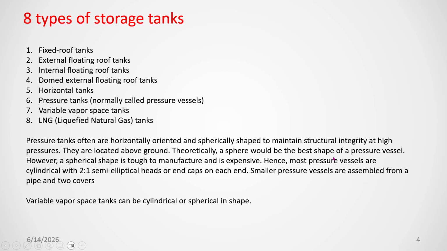Then pressure tanks are often horizontal and oriented, and spherically shaped tanks are also available. For horizontal ones, normally 2:1 semi-elliptical heads or end caps are used at both ends to reduce the stress at the end. This is the type of storage tank.